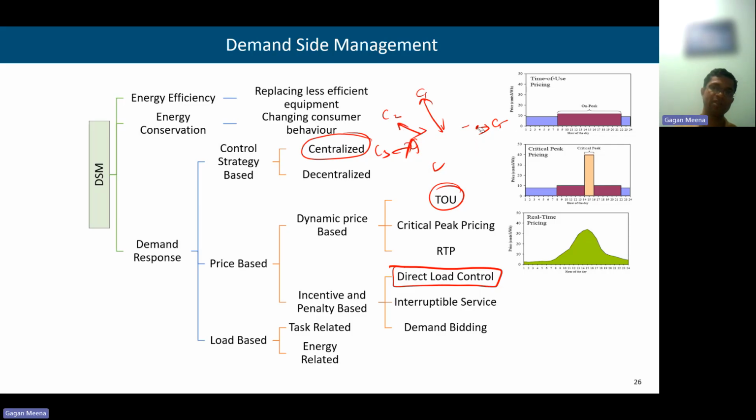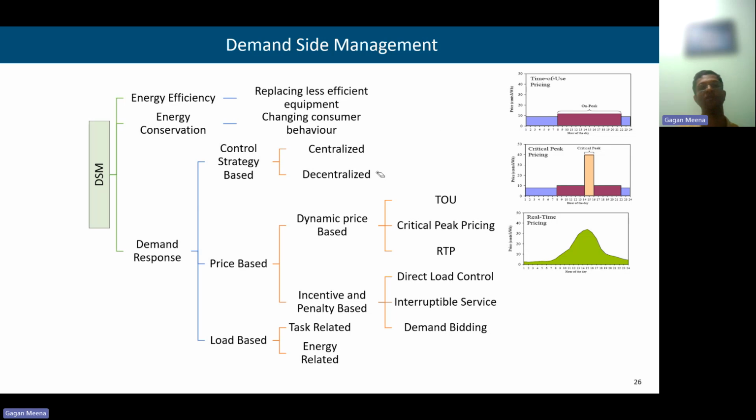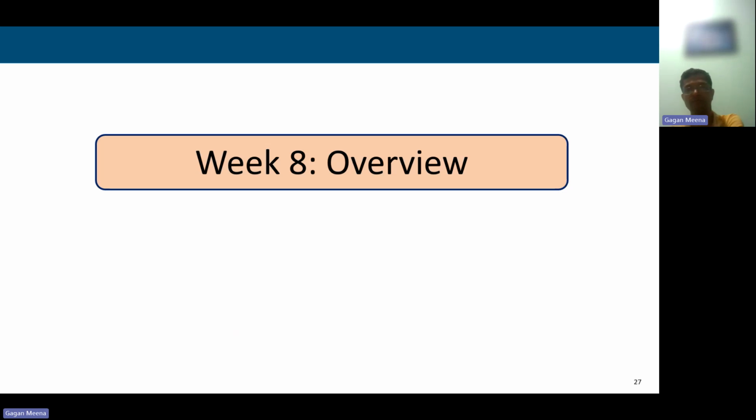In decentralized, they will be interacting with the aggregator as well as with each other. Here, peer-to-peer interaction is there, and aggregator interaction is also there. That's why it becomes very complicated. And here, even if there is some missing data due to communication failure, still the control objective can be achieved.